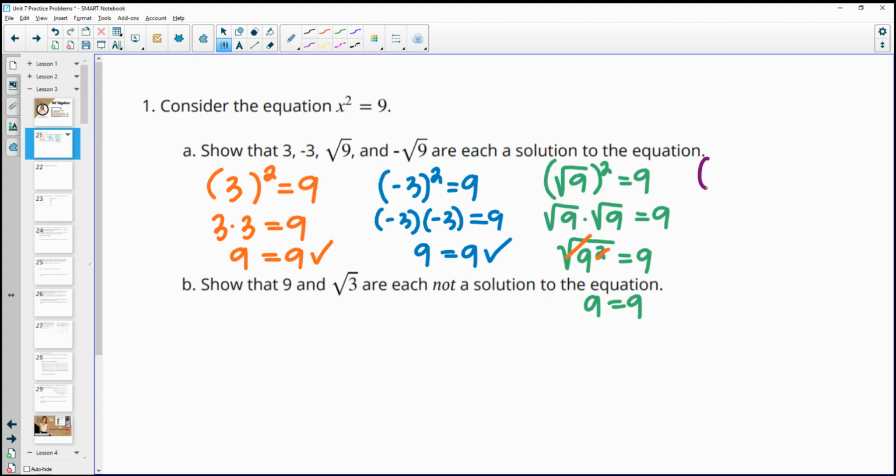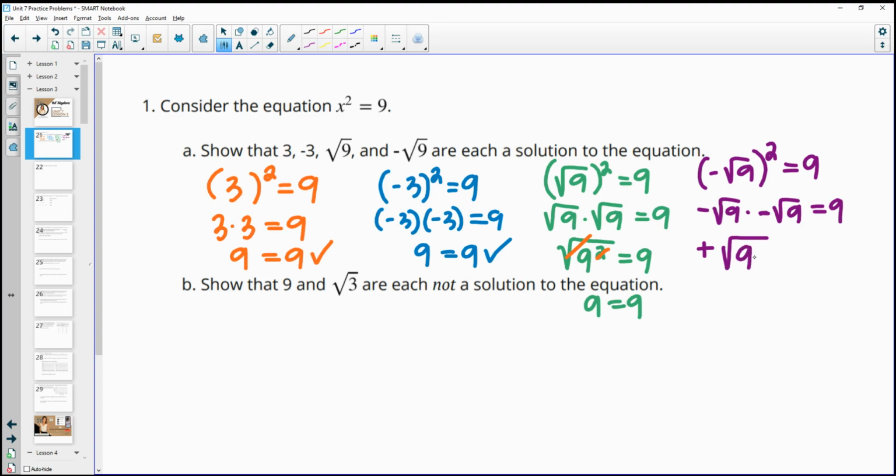Then for negative square root of 9, so we have negative square root of 9 squared, and let's show that that's 9. So using this same idea, we'd have negative square root 9 times negative square root 9. So we know that a negative times a negative means that we're going to have a positive. So I'm just going to write this here to show that I looked at that.